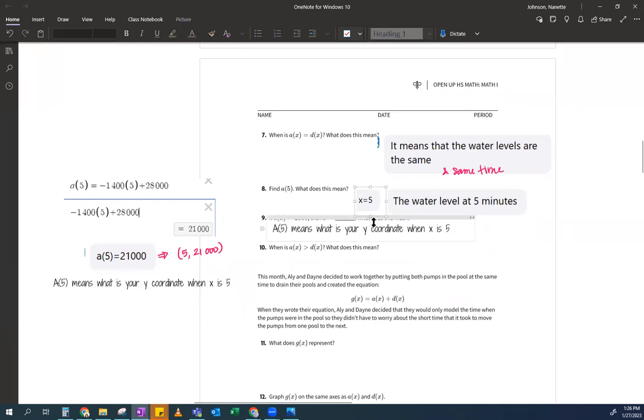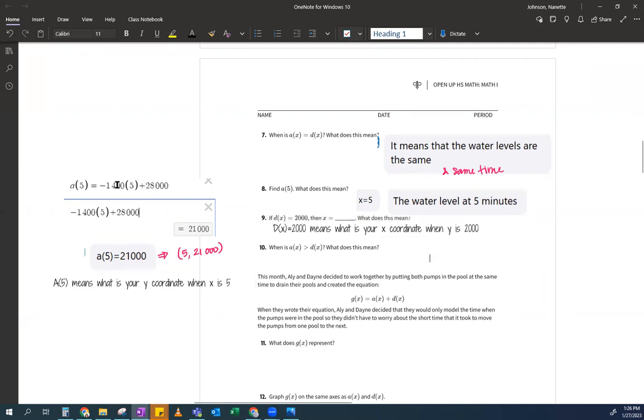Very good. So I'm going to write this over here, kind of squish it in. D of X equals 2000 means what is your X? Good. When Y is 2000. Got it? So how would I do this one?